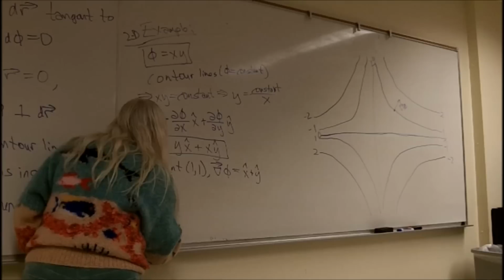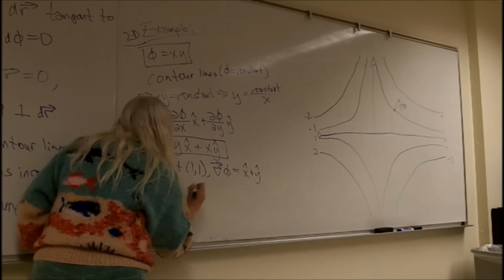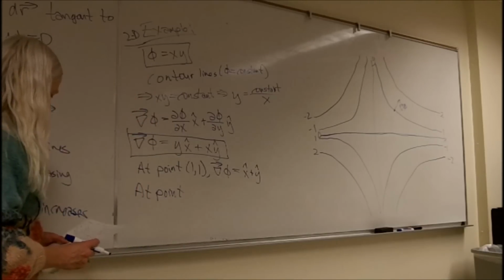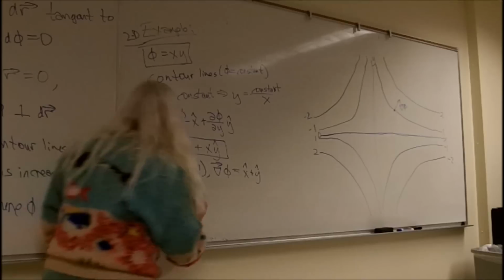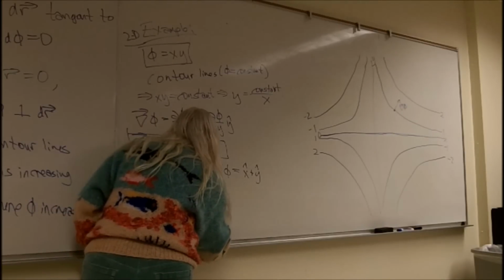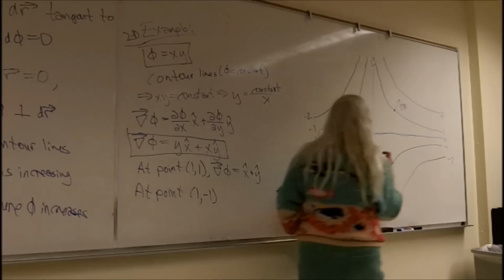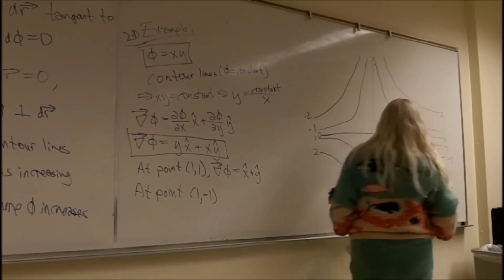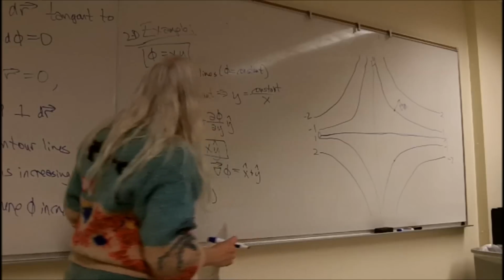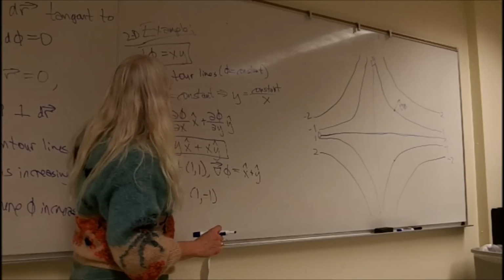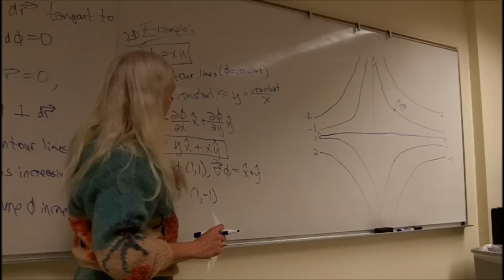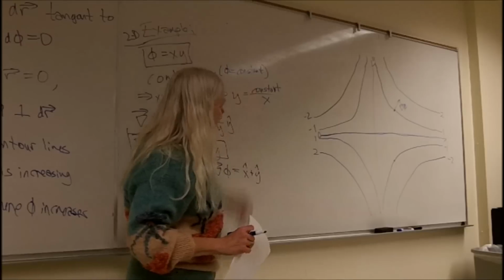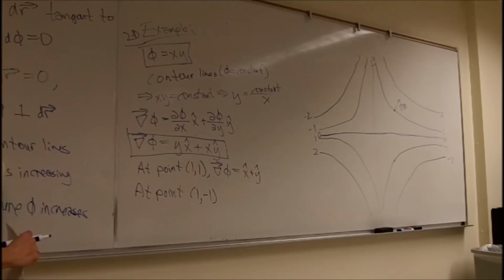Let's look at another point, just to convince you it's always going to be the steepest uphill direction. Let's look at the point 1, minus 1. So that's 1 unit over and 1 unit down, and it's right here along this curve because x times y is minus 1. In other words, phi is the value minus 1, or this constant is minus 1 at that position.